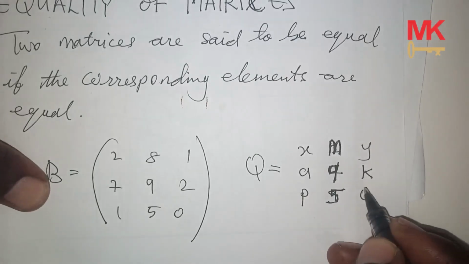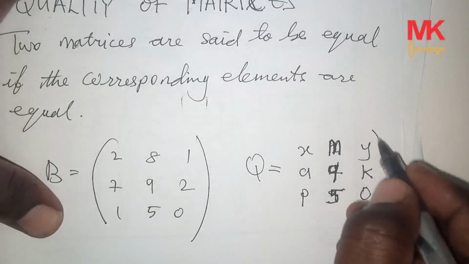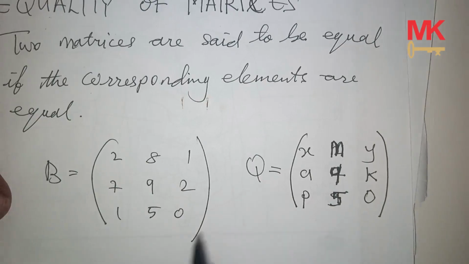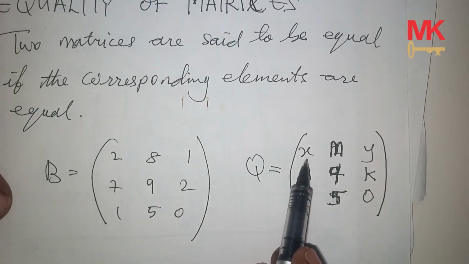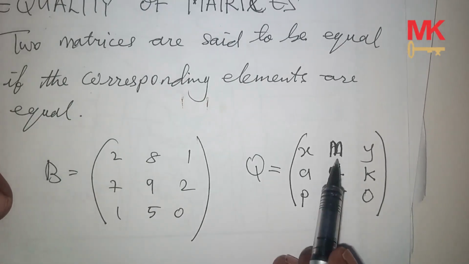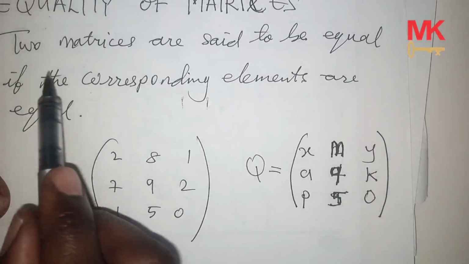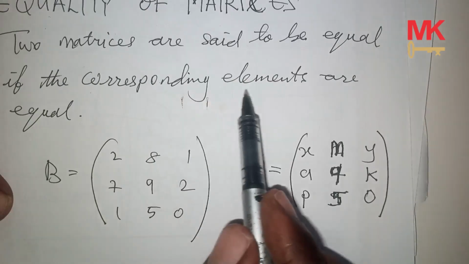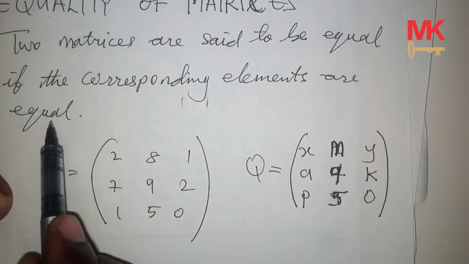5 and 0. Okay, so if we say that matrices B and Q are equal, then the corresponding elements are also equal. So two matrices are said to be equal if the corresponding elements are equal.